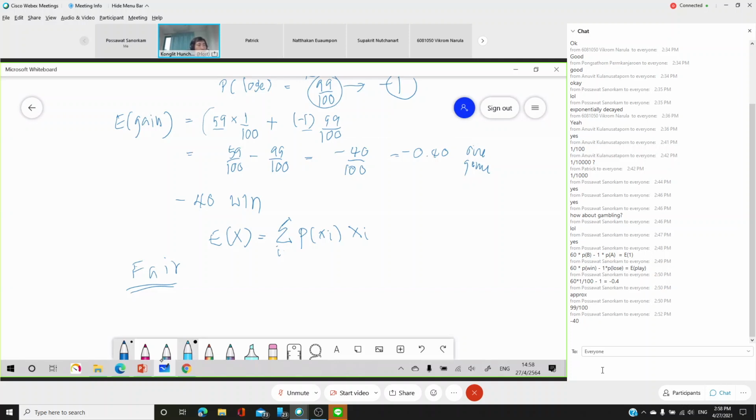The game that we're going to play a long time, and we expect not to lose, and actually not to win. How much money if I bet 1 baht?